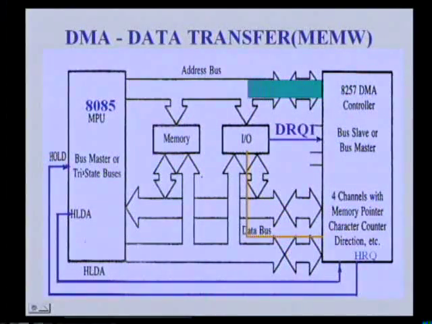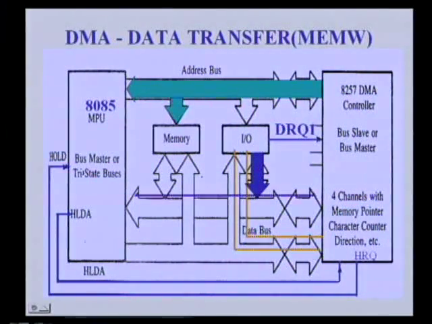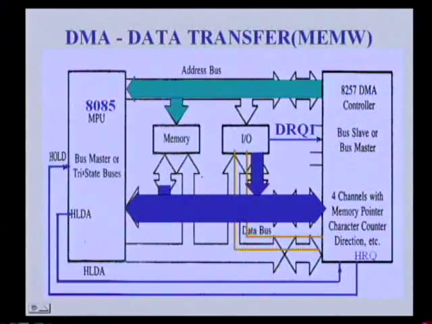After selecting it, the DMA controller now sends the address and identifies a particular memory location. Then the DMA controller sends the I/O read bar signal to the I/O device, in this case the floppy disk drive. In response to that, the I/O device places data on the data bus, and simultaneously the DMA controller sends the memory write bar signal to the memory.